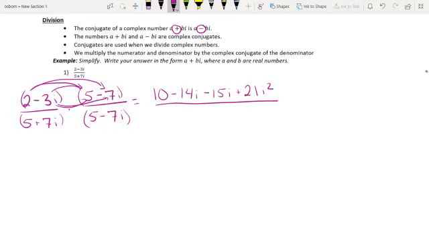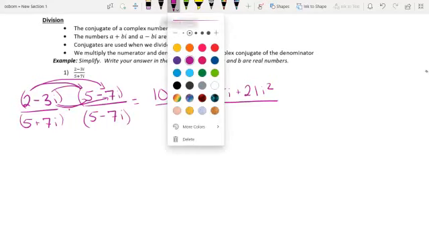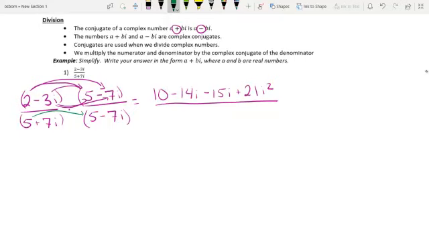Now here you should see that you've got a difference of squares, but if you don't, you just go ahead and FOIL it out. So I'm going to show it FOILed out for those people that don't see the difference of squares right away. Alright, so I take 5 times 5, which gives me 25.